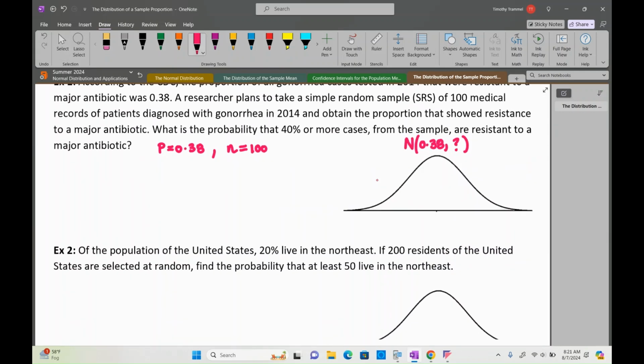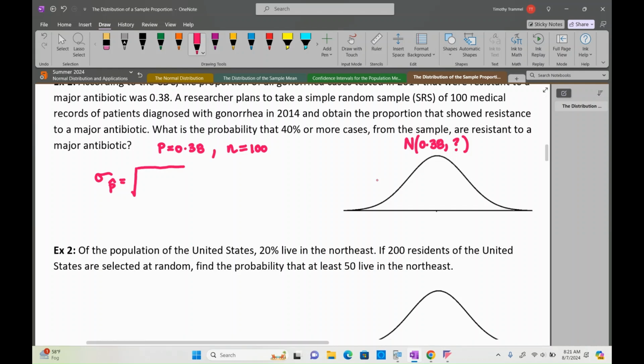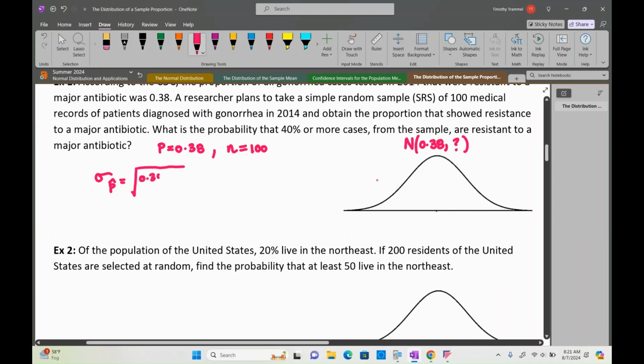So I might do that right here. All right, and so again, P is 0.38. And then we want 1 minus P. And then we want to divide this all by N. There we go.